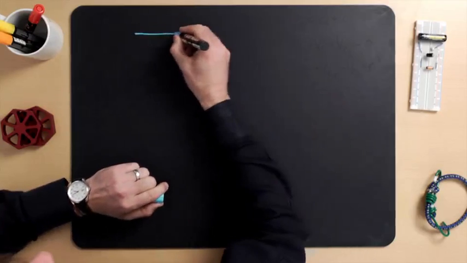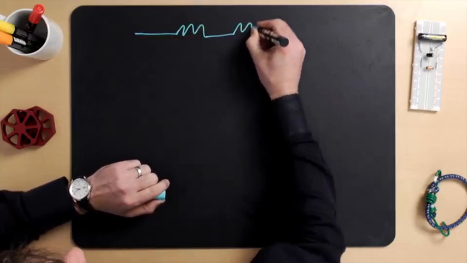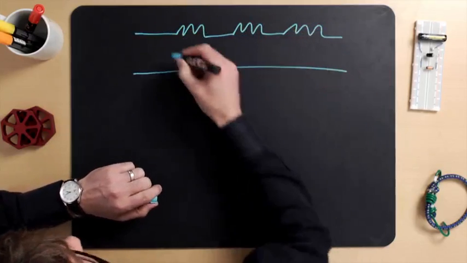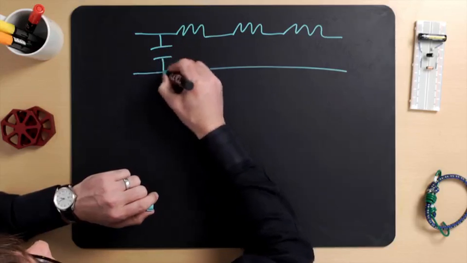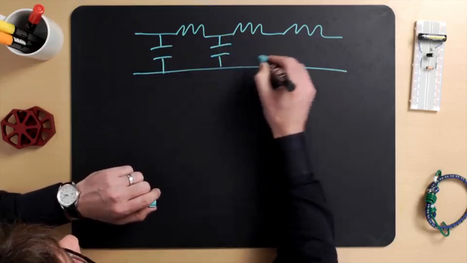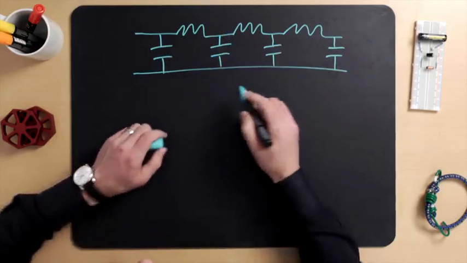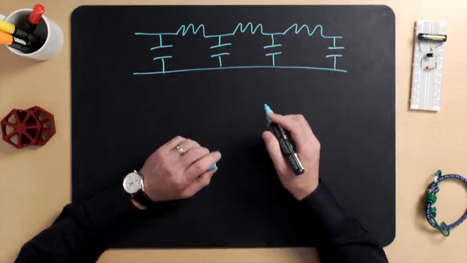As an example, consider this RC circuit. Here we have many resistors that are connected together, and in between them, we have capacitors. And this circuit extends for a long ways in both directions.